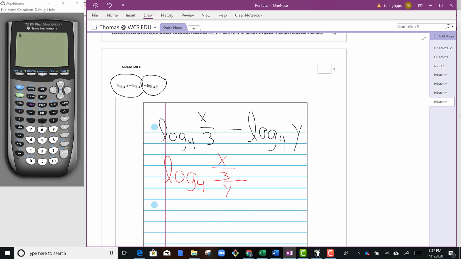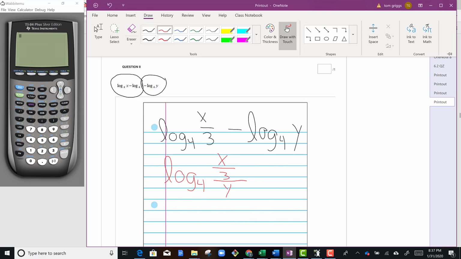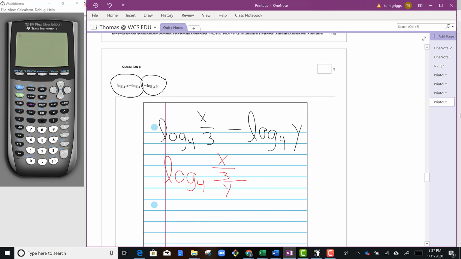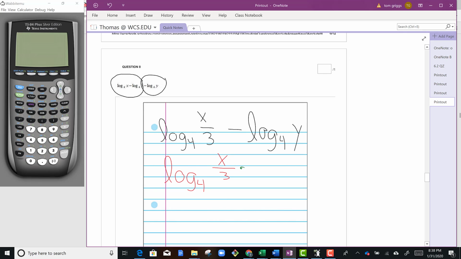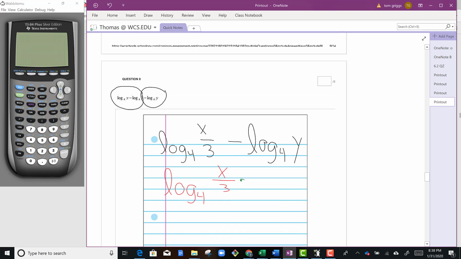So we don't really want that. We don't like to have a fraction inside of a fraction. So we're instead going to multiply by the reciprocal of y in this problem to simplify it just a little bit. So I'm going to erase the y and the fraction bar, and instead I'm going to multiply by the reciprocal of y, which is 1 over y.